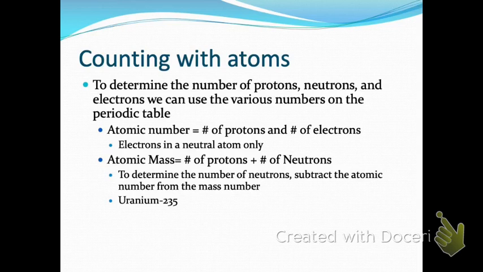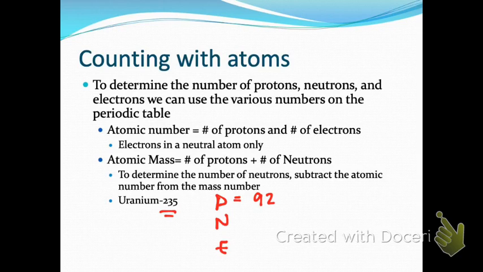So if I want to find all three things here, I want to find protons, neutrons, and electrons for uranium-235. What do I automatically know? I automatically know protons is 92, right? Because I can find that right on the periodic table. Its atomic number is 92. That's how many protons there are.